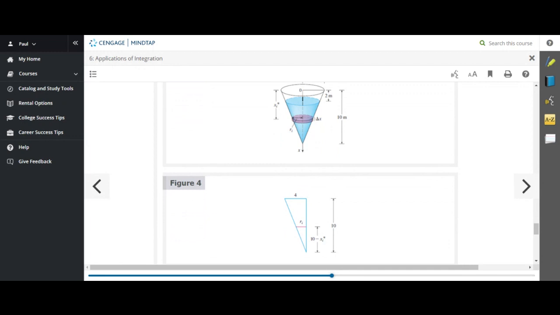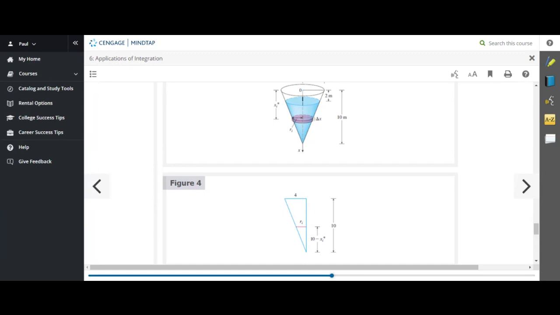Then you have another triangle that goes from the bottom of the tank to the ith layer of water with radius r sub i. Now that ith layer of water is x sub i meters from the top of the tank, so from the bottom of the tank, that ith layer is 10 minus x sub i meters.